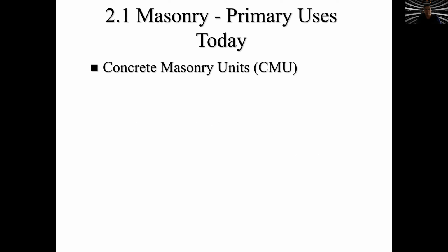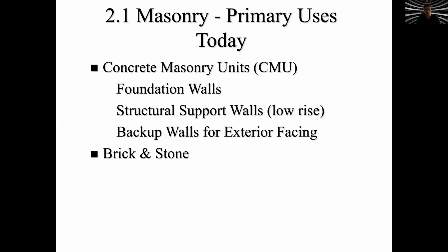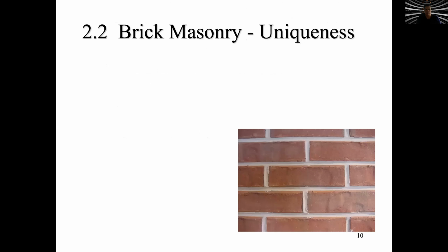Today, Masonry is used especially in the United States, and in the south of the states as concrete masonry units. And that is for foundation walls, for structural support walls, for backup walls, for exterior facing. Also typical is the use of brick and stone, mostly as a facing material, like a veneer, or in decorative walls.